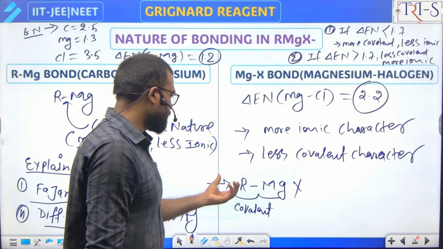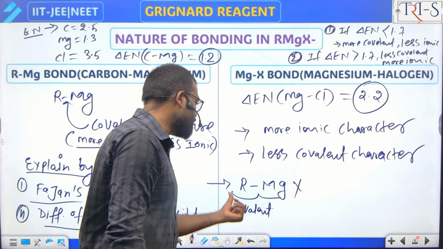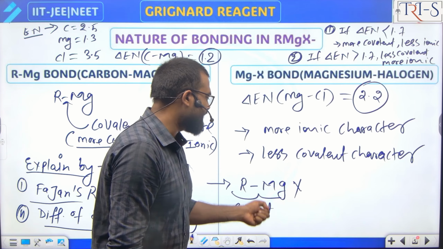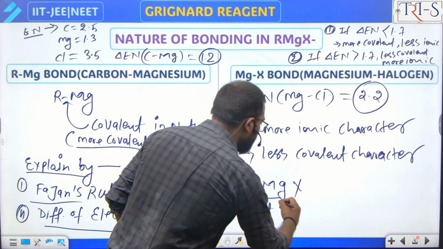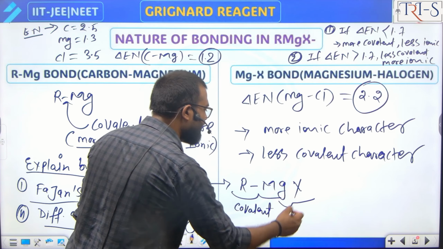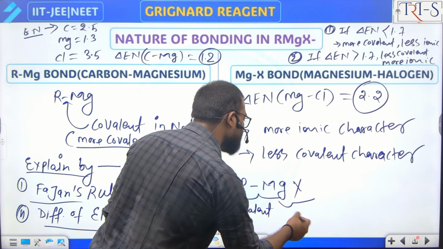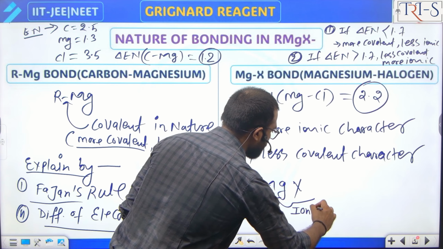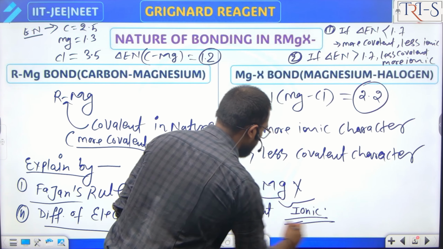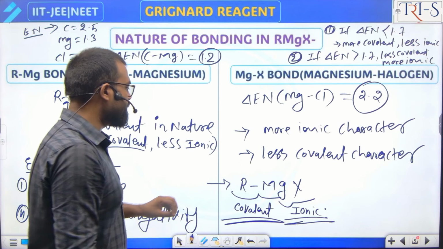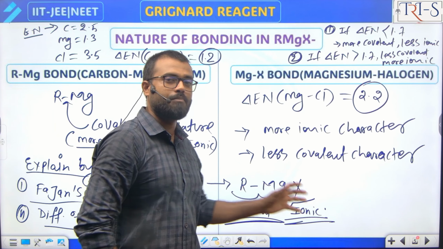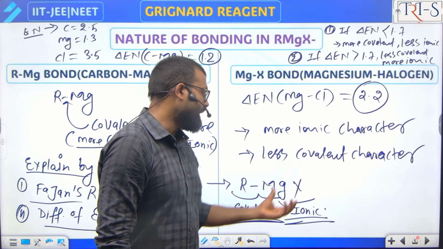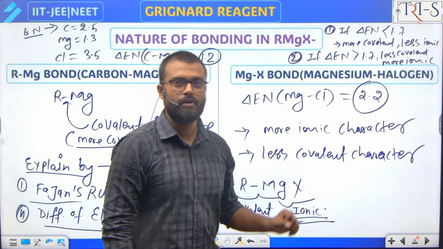This bond contains more covalent character and less ionic character, and the bond between magnesium and halogen will be more ionic and less covalent, so it is regarded as roughly an ionic bond. So two types of bond are present in RMgX, covalent and ionic. Both types of bond are present.